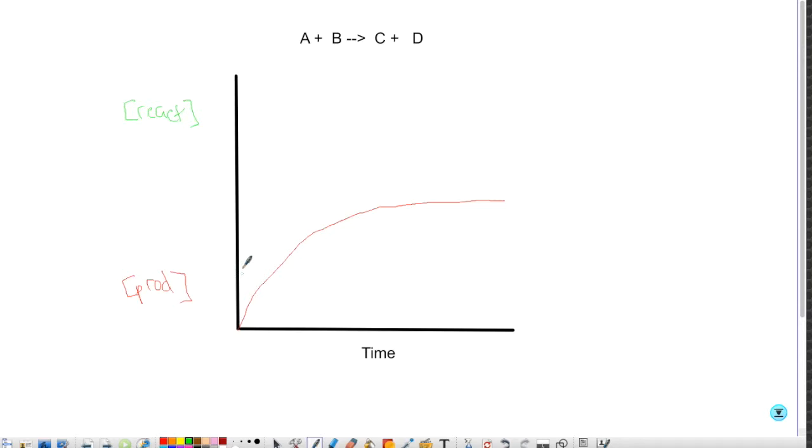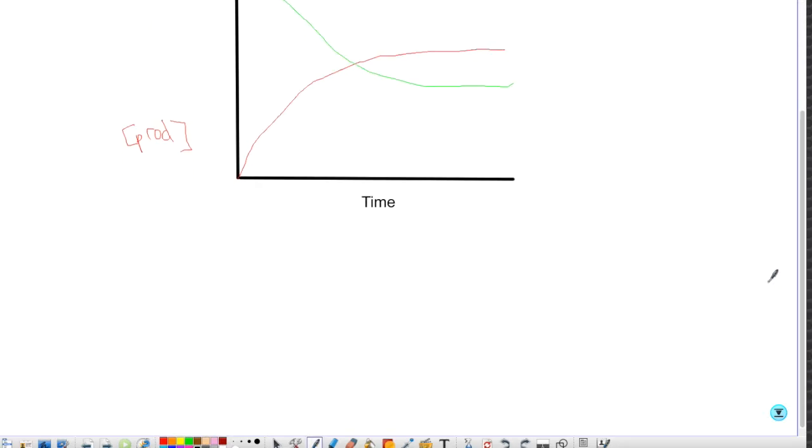And my reactants are going to decrease until they get to a time when they're not changing anymore. The fact that reactions can happen reversibly leads to something called equilibrium. And we're going to talk about this a lot.